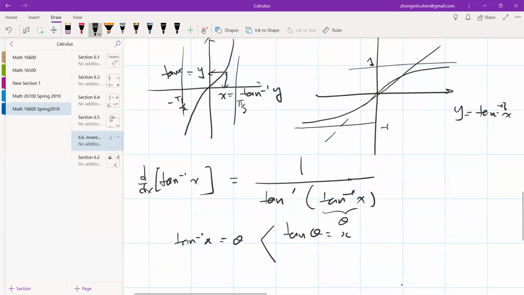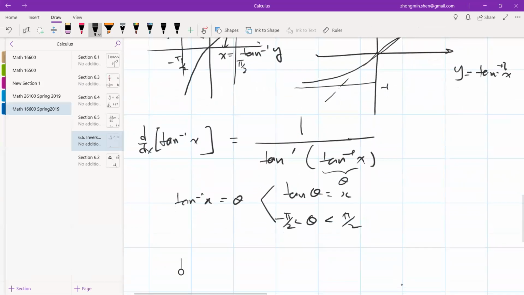Tangent theta is going to be x, and theta is between negative pi over 2 and positive pi over 2. So we want to find out, what is the derivative of tangent theta? The derivative of tangent theta is going to be 1 over, I think it's secant squared, right? But the secant squared is in the denominator. So you get cosine squared theta.